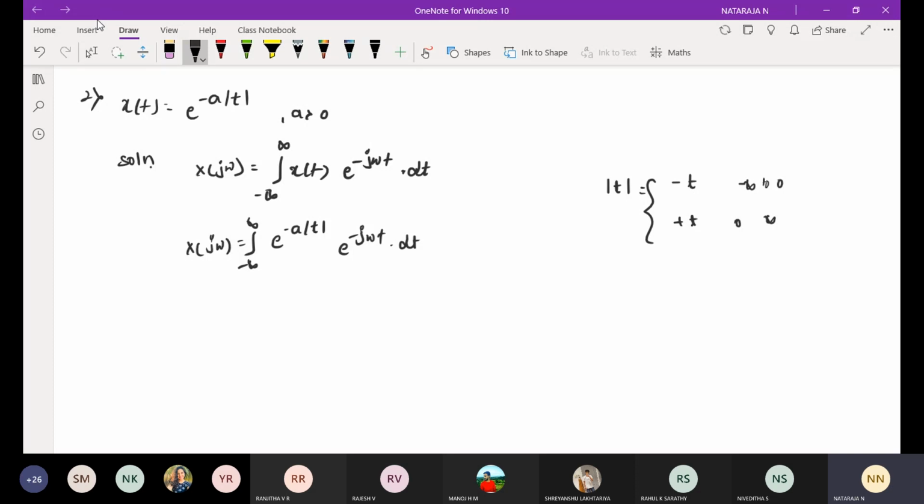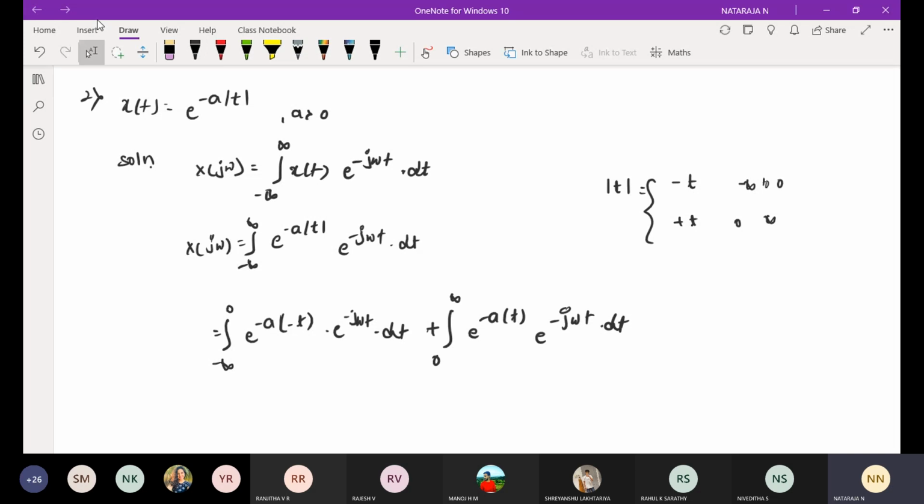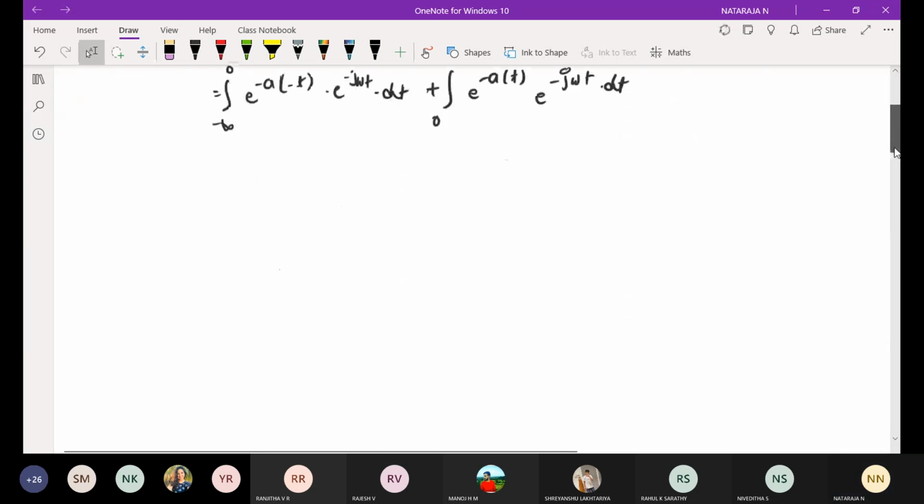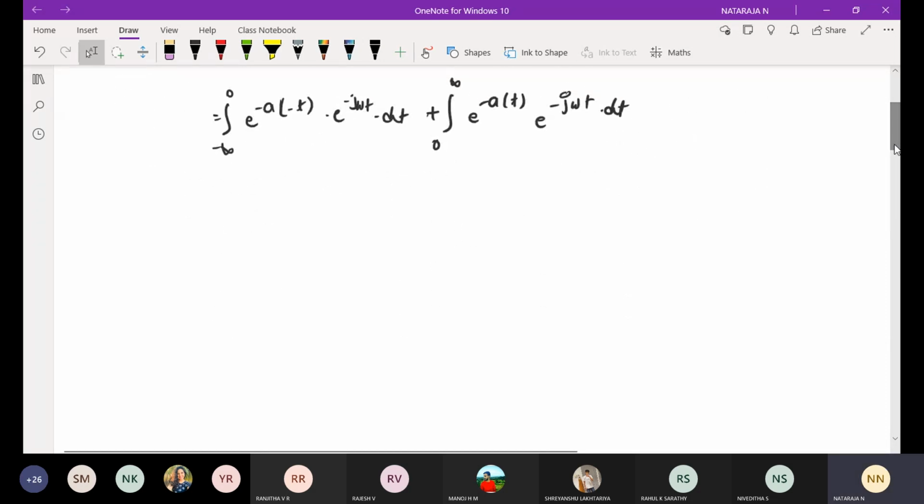That is, for the first one, the integral from minus infinity to 0 of e power minus a into minus t, into e power minus j omega t dt. I'm going to split the integral: from 0 to infinity, e power minus a t times e power minus j omega t dt. Now the bases are the same, so we can add the powers and rearrange the terms.